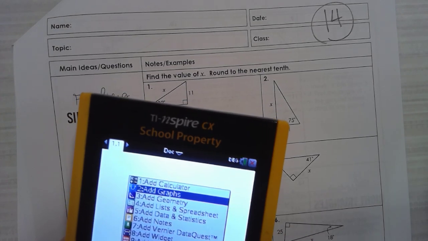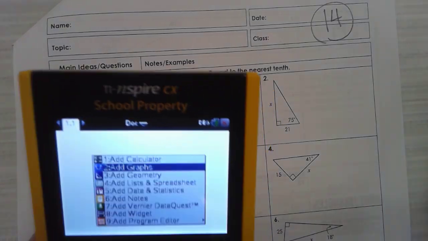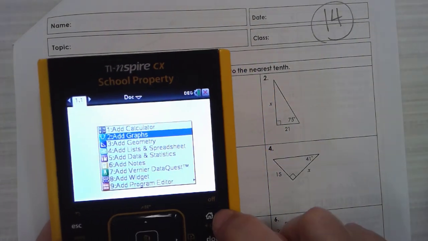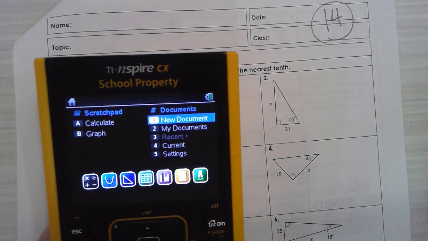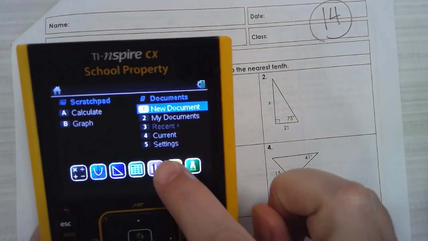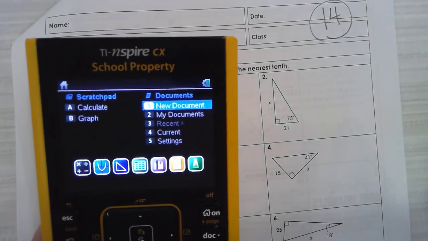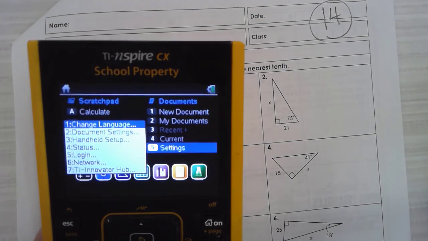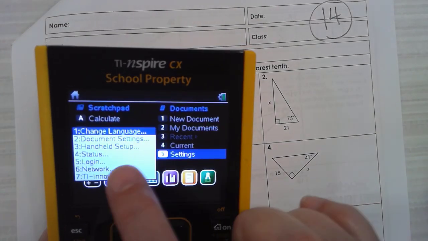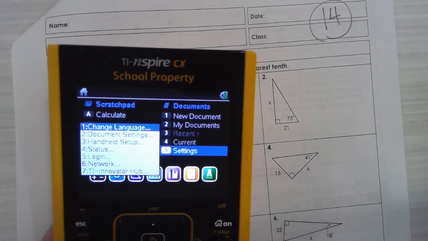Anybody's not say degree? How do I change it? Okay, how do you change it? Great. Go to the home button. And you're gonna go to the settings, which is number 5. Settings. And you're going to do the document settings, which is number 2.